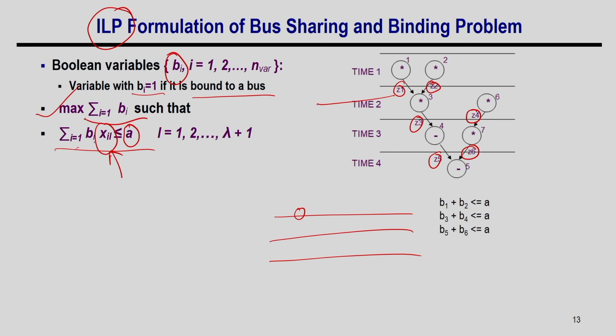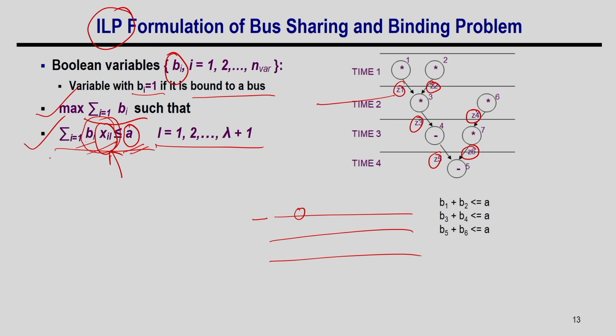If I multiply bi into xi, that will tell me whether this bus transfer is happening in timestamp l or not. So, for every timestamp, the number of variables that get mapped and their transfers should be less than or equal to the total bus requirement. That is what is given by this constraint, and it is for each timestamp. So, this formulates the problem.